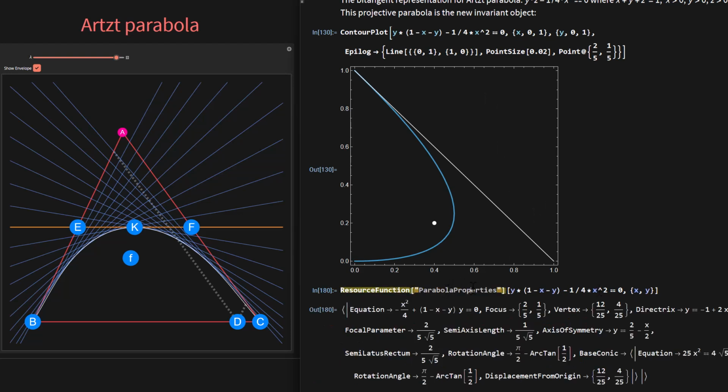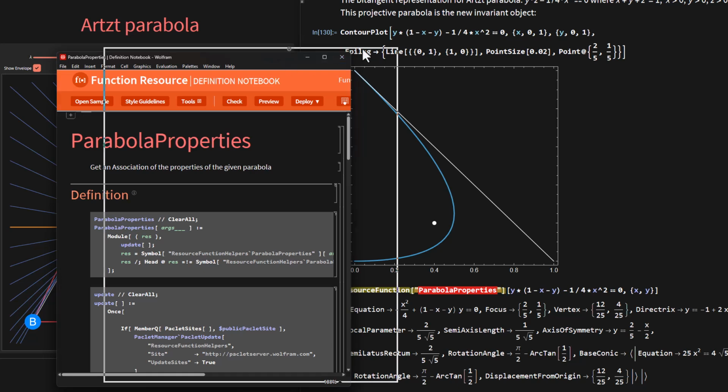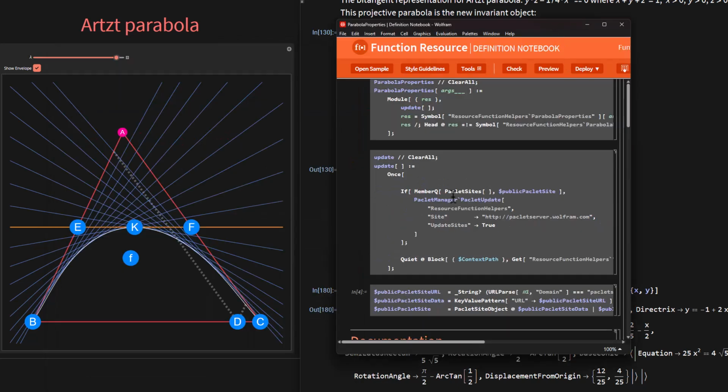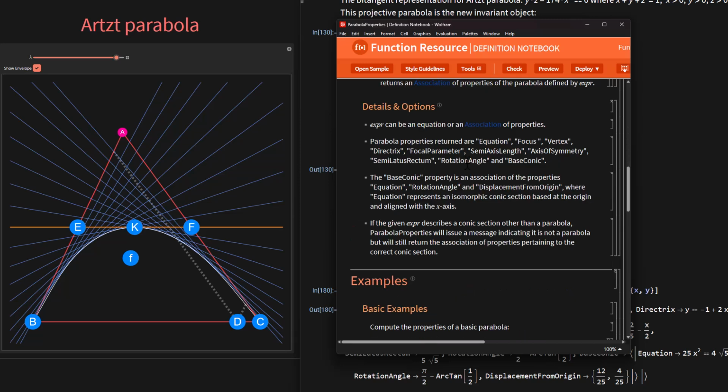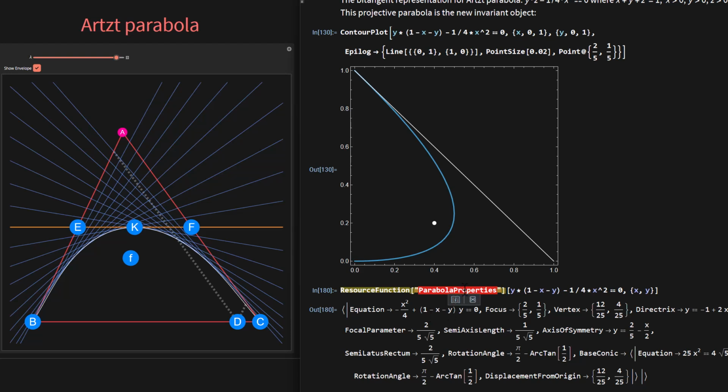If you run that, this is also a function repository function. It gives you the exact location. If you want to take a look at the implementation of that, you can just go to the function repository page, or just hover the mouse over there and click the book sign here.